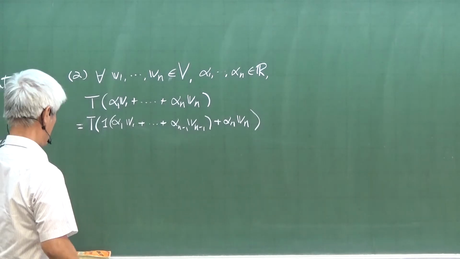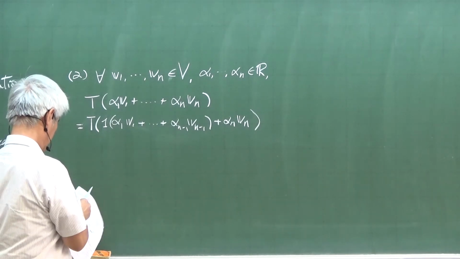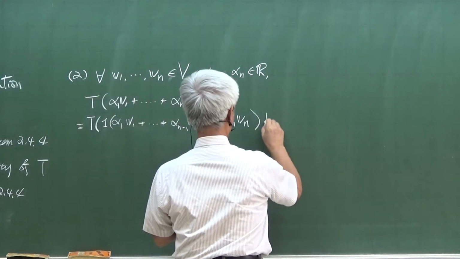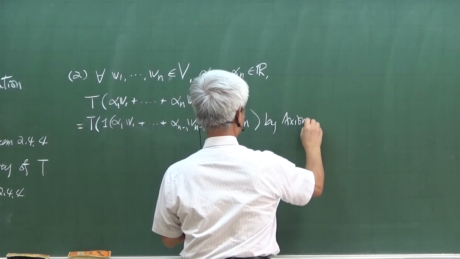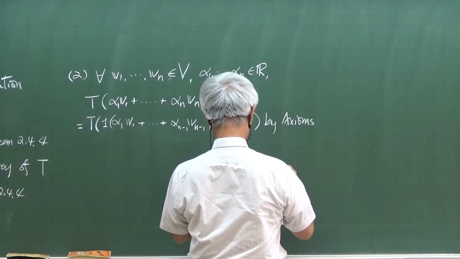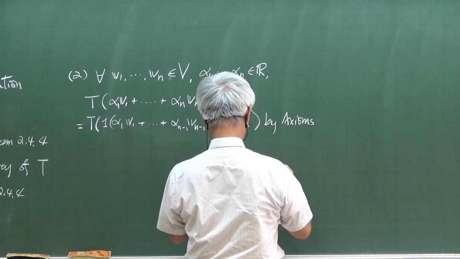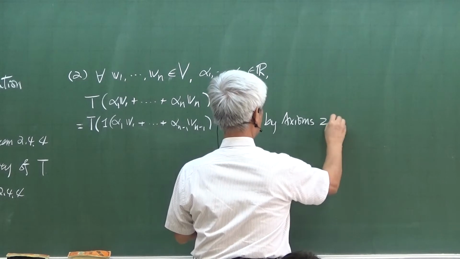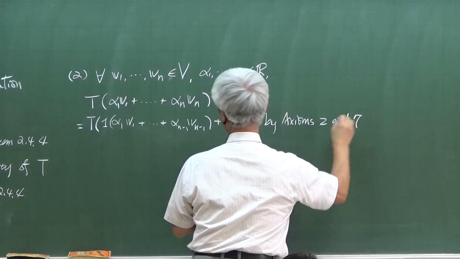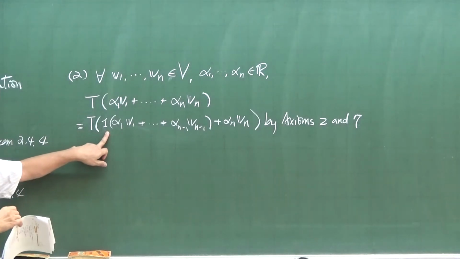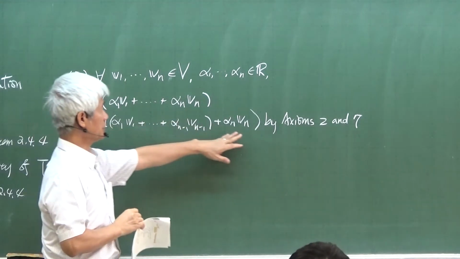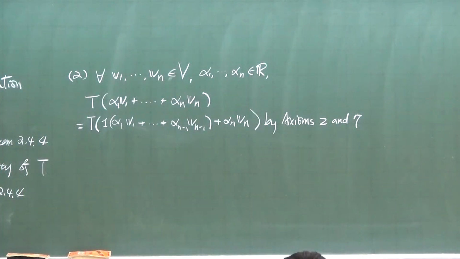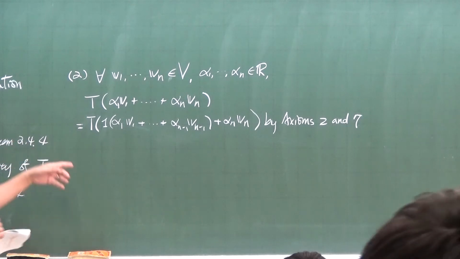Okay. And that would use axioms 2 and 7. Okay, so here I use the unitary property, and I also use axiom 2. Axiom 2 is about the associativity of vector addition. Okay.